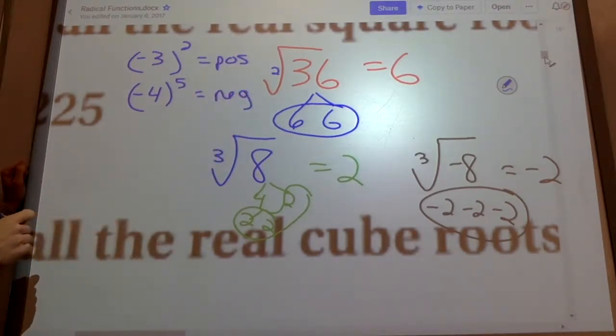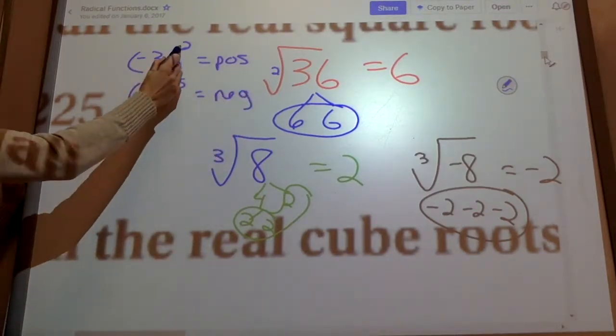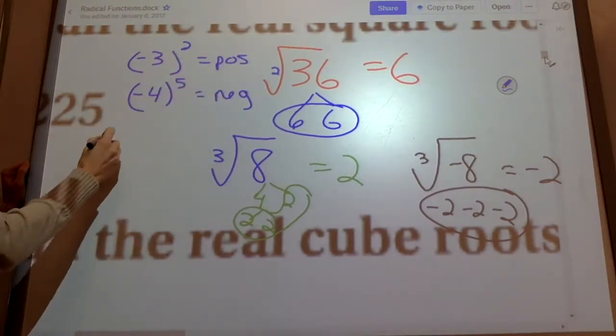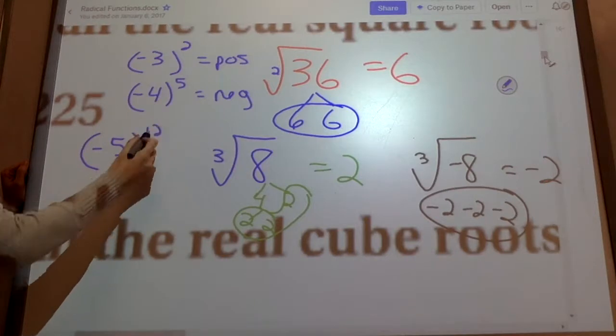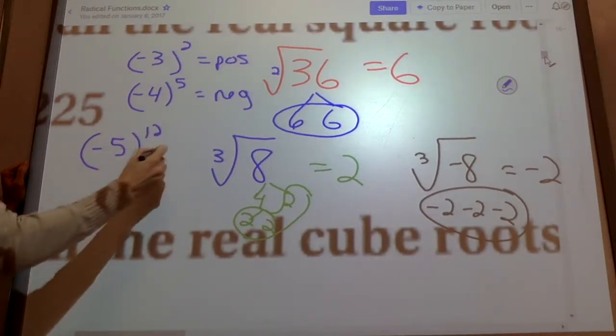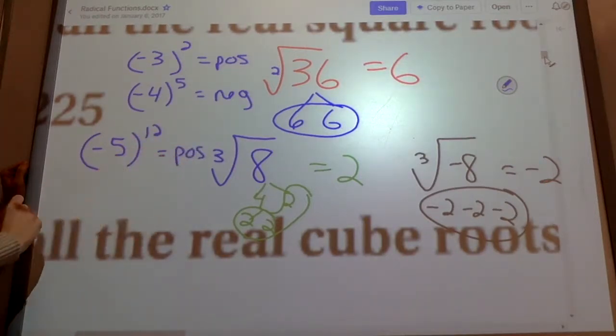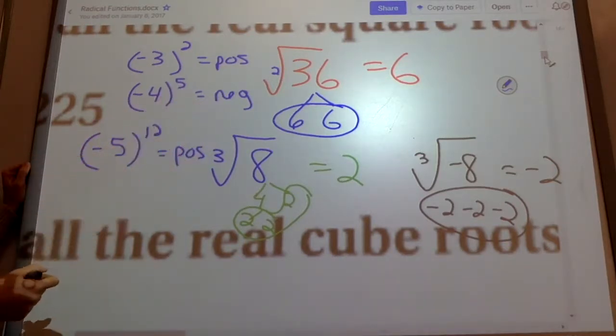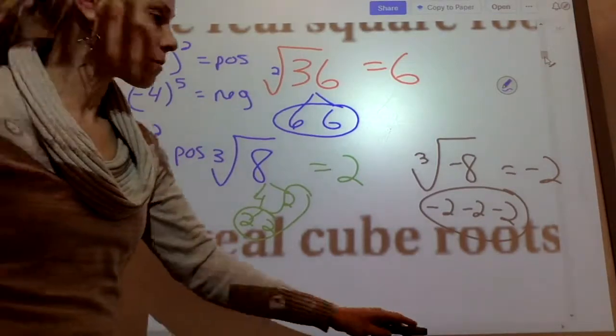You guys remember that rule? A negative number to an even power is always positive. So negative 5 to the 12th, since 12 is even, it's going to be a positive answer. Okay? Negatives to odd is always negative. Okay, so that's important to recall in a little bit here.